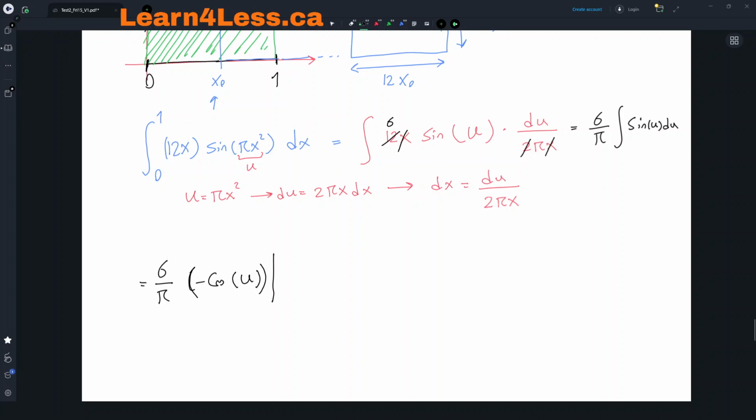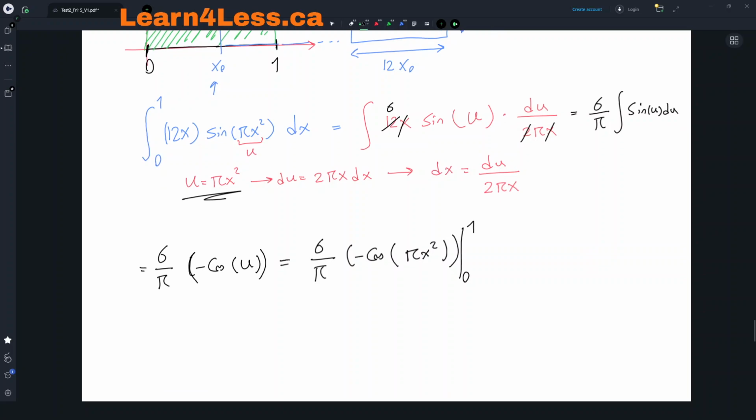So what I need to do is undo the substitution. I know that u is pi x squared, so I simply write 6 over pi negative cosine of pi x squared. And now, because everything is in terms of x, I just simply write it from 0 to 1.